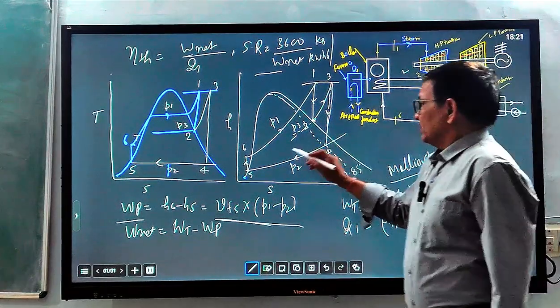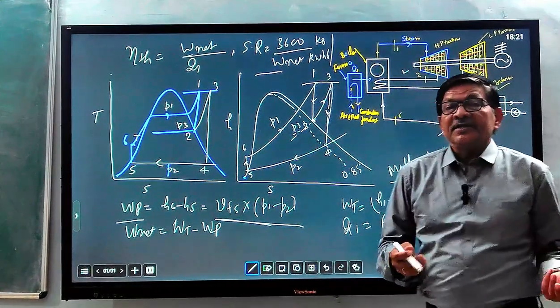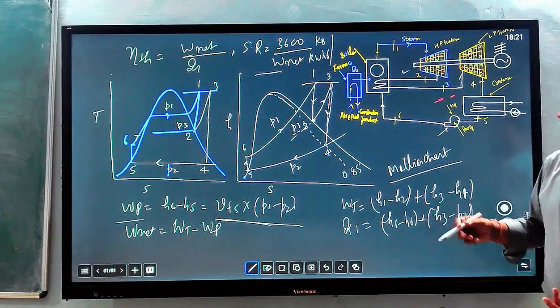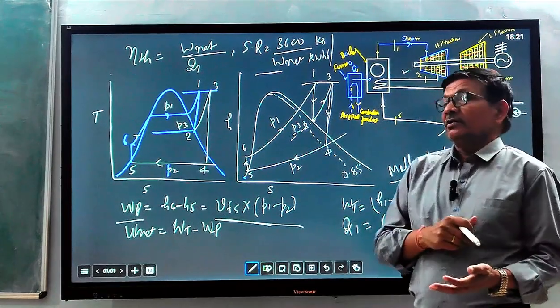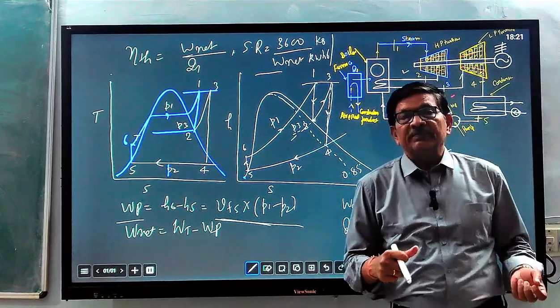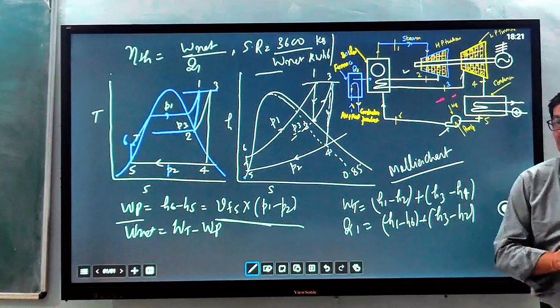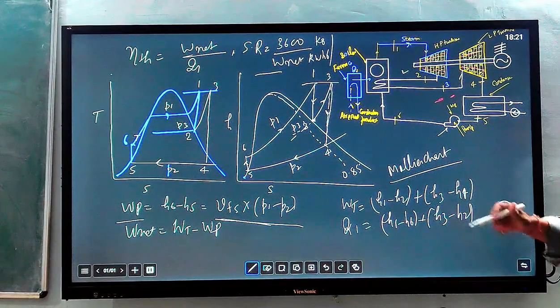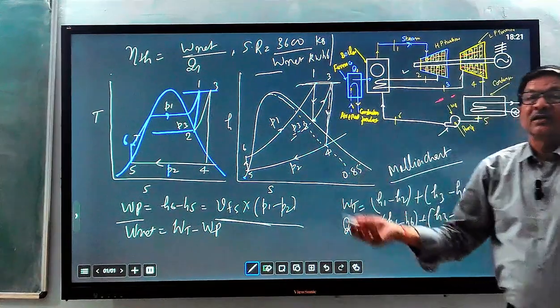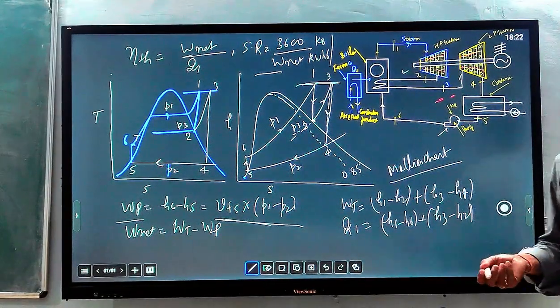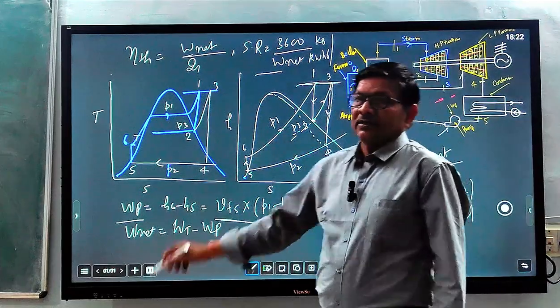So what is the advantage of using the reheat cycle? We can achieve higher pressure, and we can increase the mean temperature, but the maximum temperature remains constant. This temperature we can't increase, but we can increase the mean temperature of heat addition by using the reheat cycle.